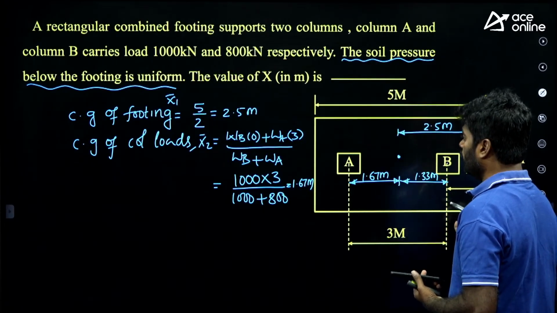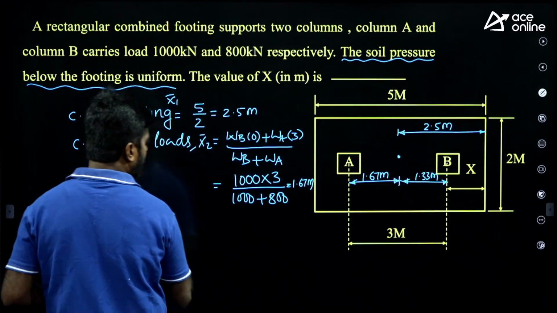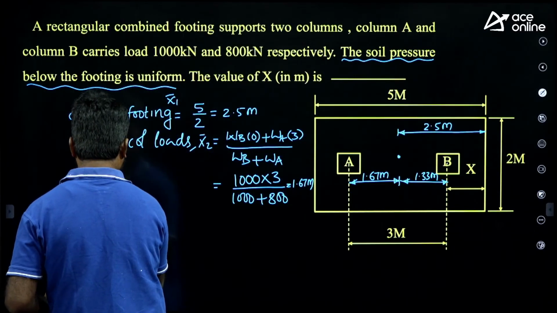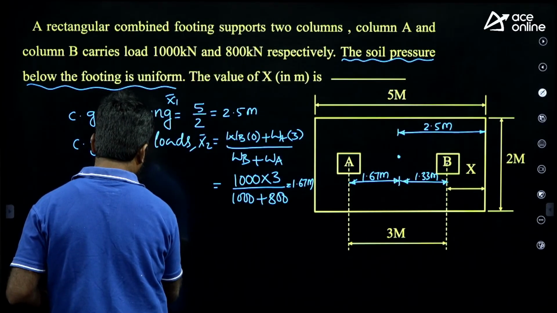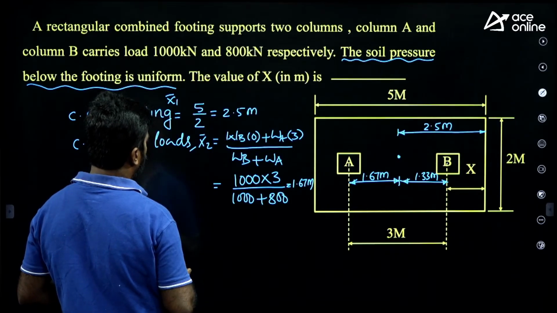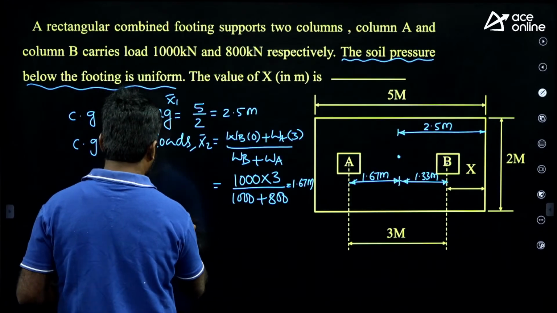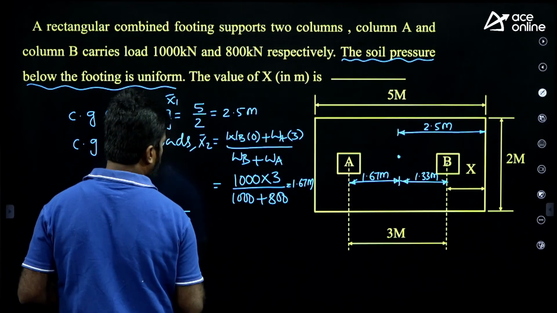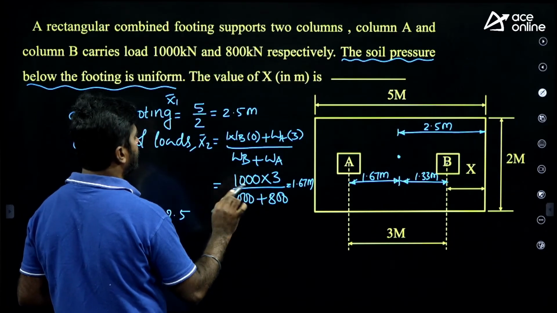Right? We want the X value here. How do you get X? See, X plus 1.33 equals 2.5 meter. These two are equal, since the CG of column load and the CG of footing coincide.